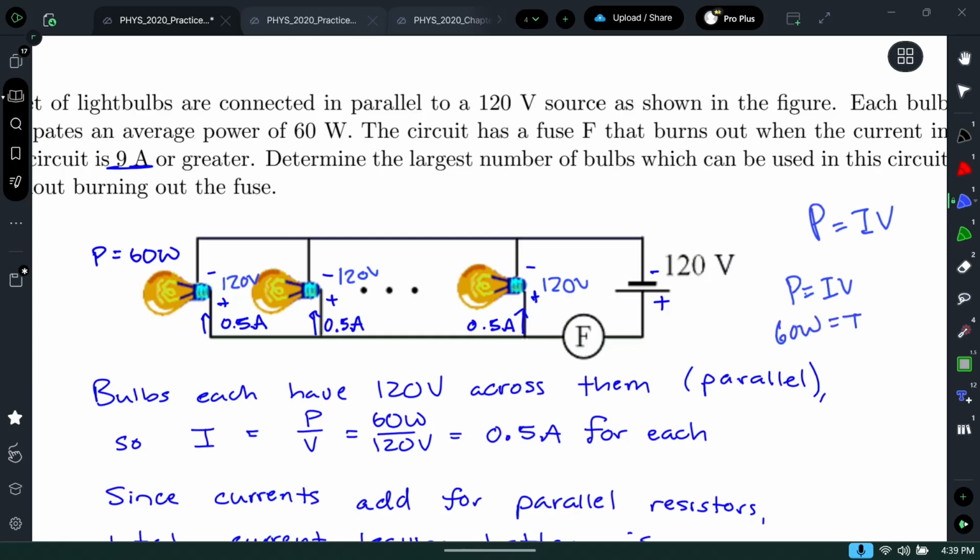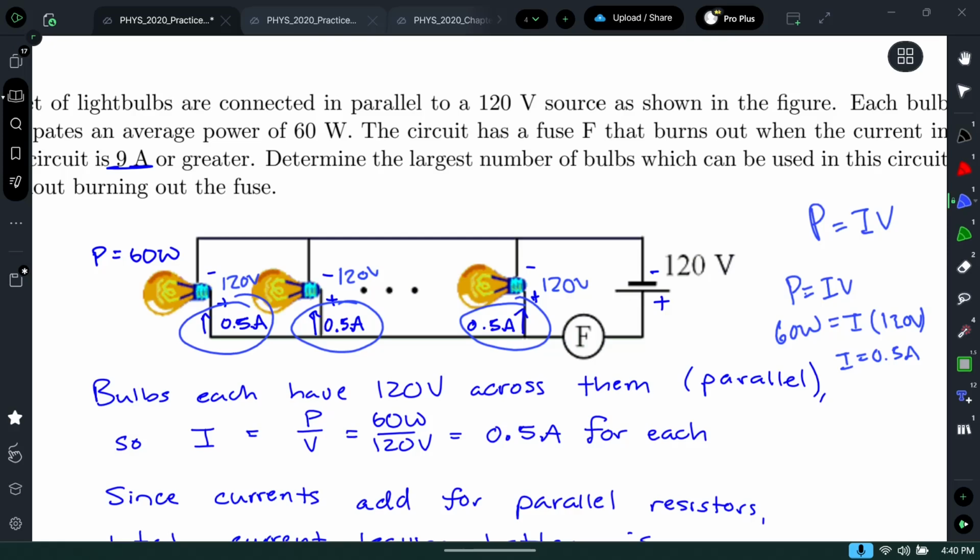I is the thing I don't know, and V is 120, so I is 0.5 amps for each individual bulb. This question is really just asking how many 0.5 amp currents can I have before it blows out the fuse.